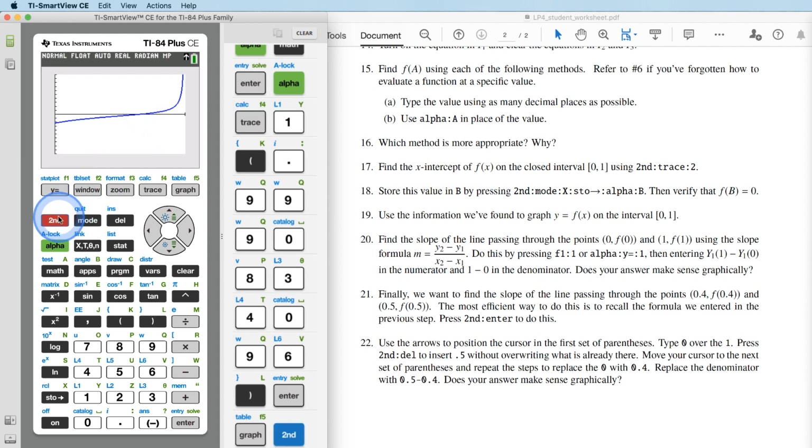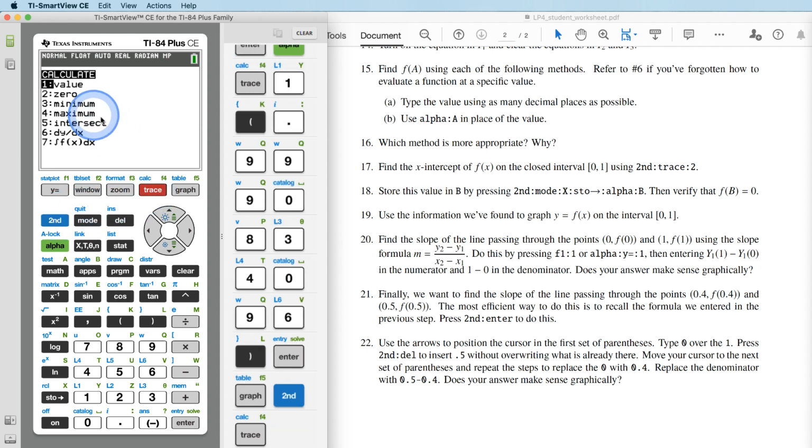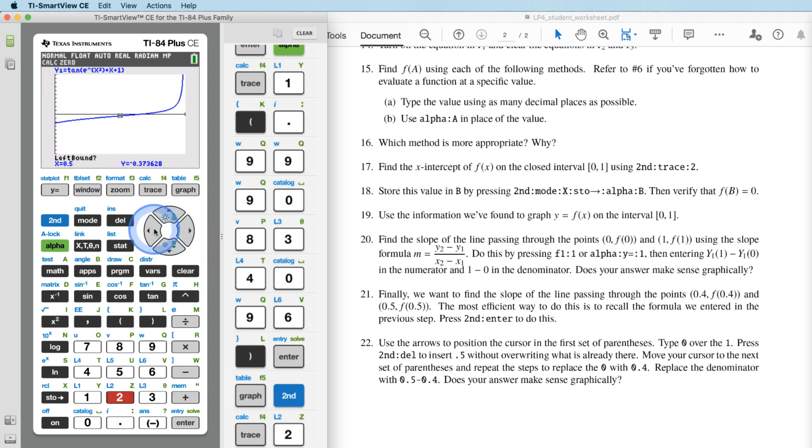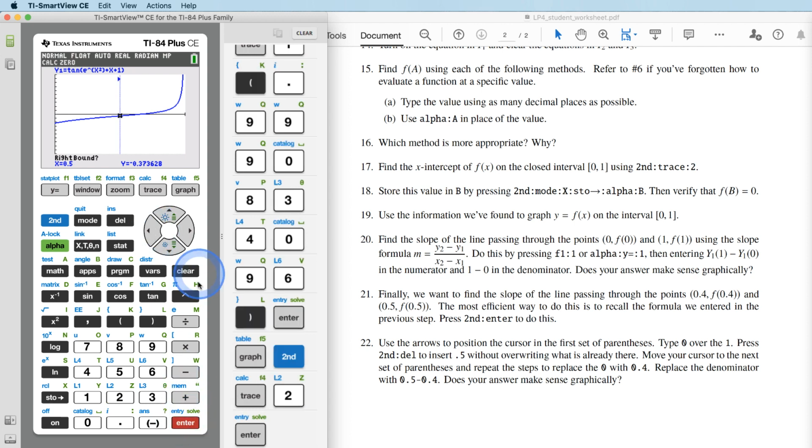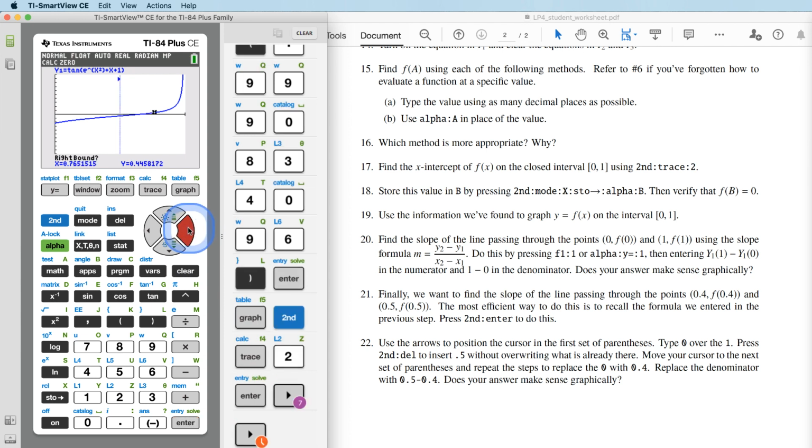If we go into the calc menu and choose number 2, zero, finding zeros. So you just need to move your cursor until it's a little bit to the left of the zero. It already is, so I'm going to leave it where it is and hit enter. And then you just move your cursor until it's a little bit past the zero and hit enter. And that sets like a subinterval, boundaries.